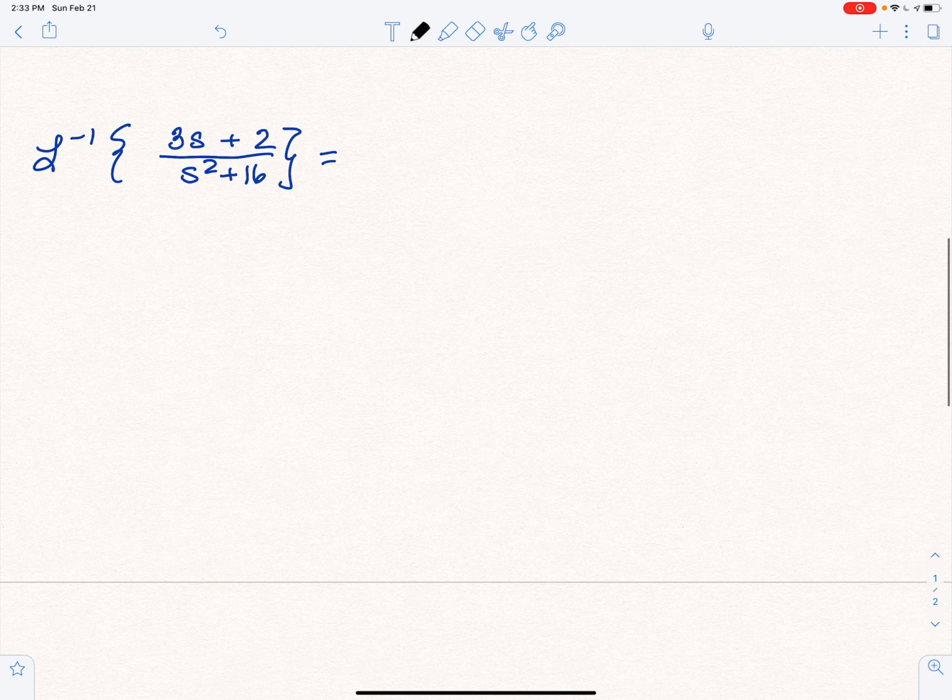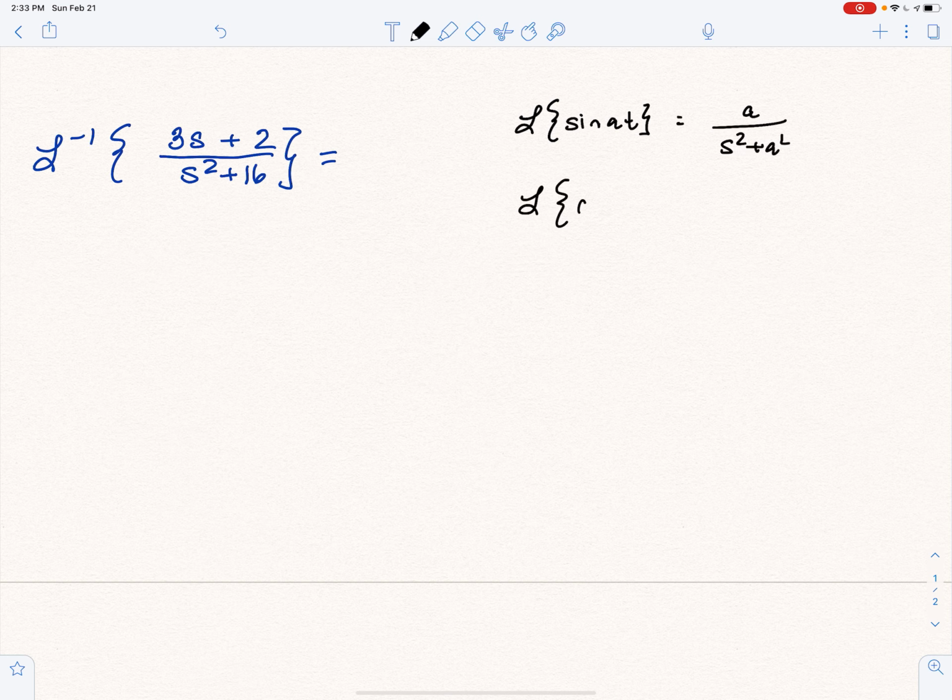Now looking at this third and final one for this video, you notice you have a sum of squares in the denominator, which should tell us it's either a sine or a cosine. Now remember, the Laplace transform of sine of at is a over s squared plus a squared.